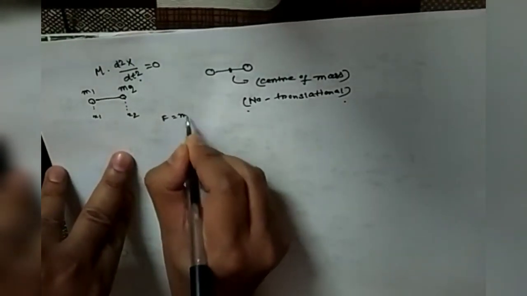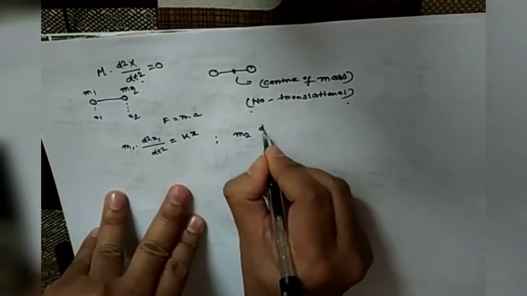Okay, so now again we will go back to Newton's equation. The two atoms have coordinates x1 and x2, having masses m1 and m2. According to Newton's motion, F is equal to m into a.